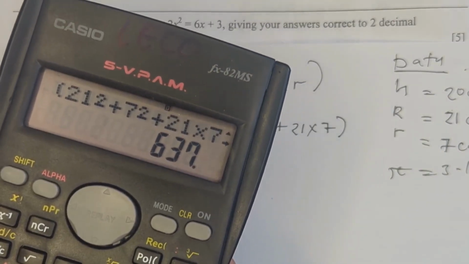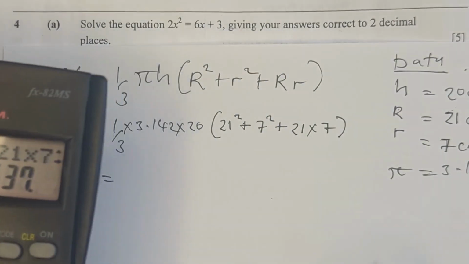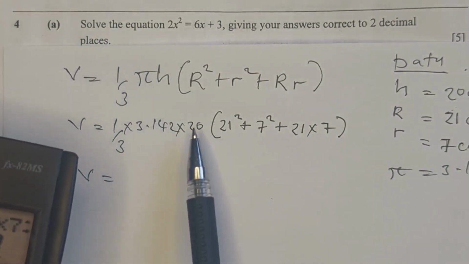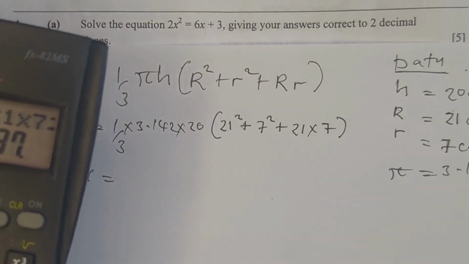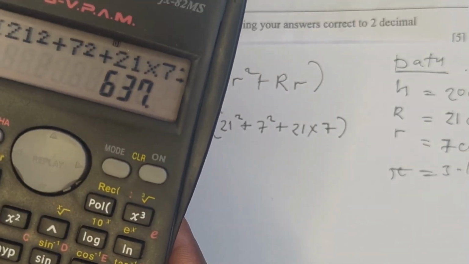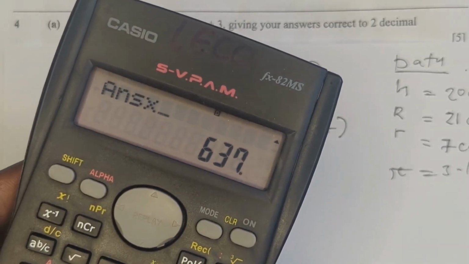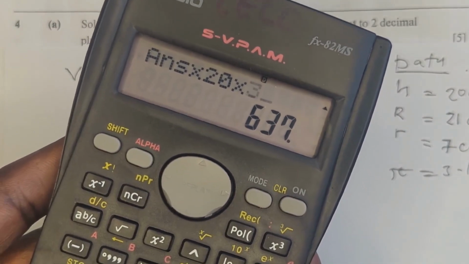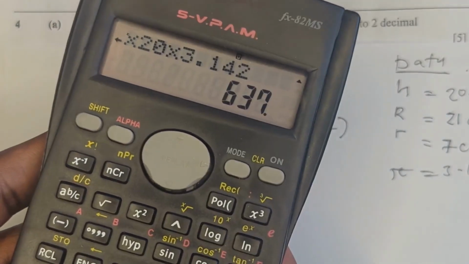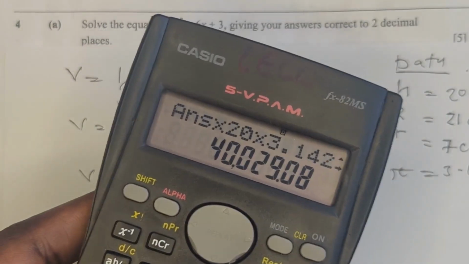It is giving us 637. So 637, we then multiply it by this 20 and also this pi, which is 3.142. So the answer multiplied by 20 multiplied by 3.142 gives us that figure.